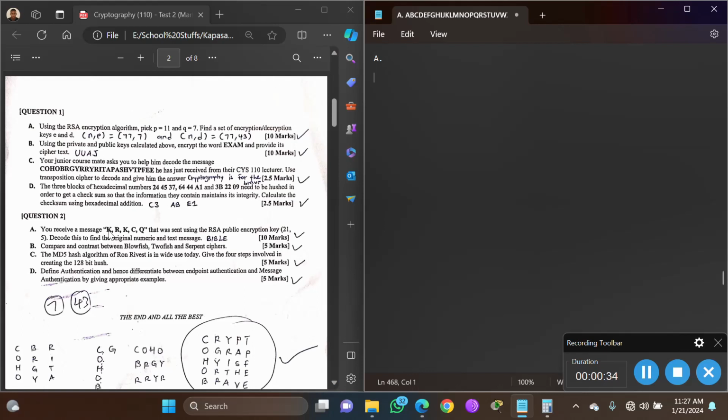you receive a message which is K. You need to keep in mind that this is a ciphertext. Everything will be reviewed. So the ciphertext we have is K, R, K, then C, Q. That's the ciphertext you have received, which was sent using RSA.